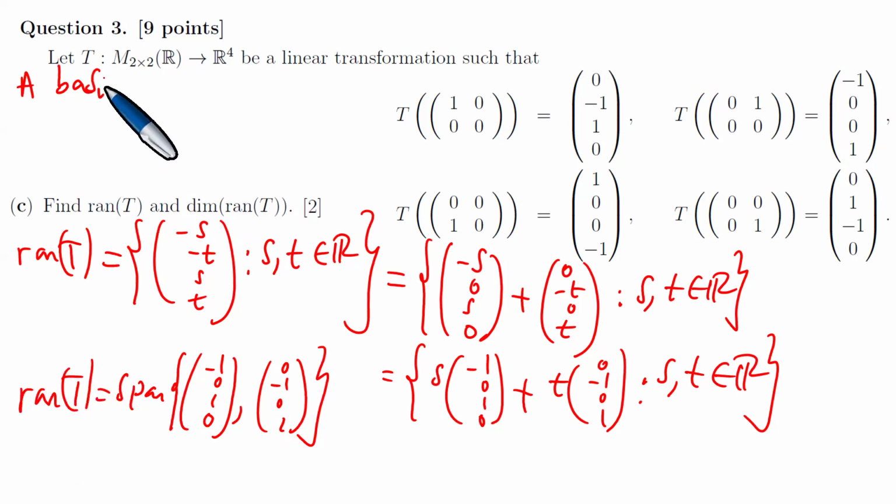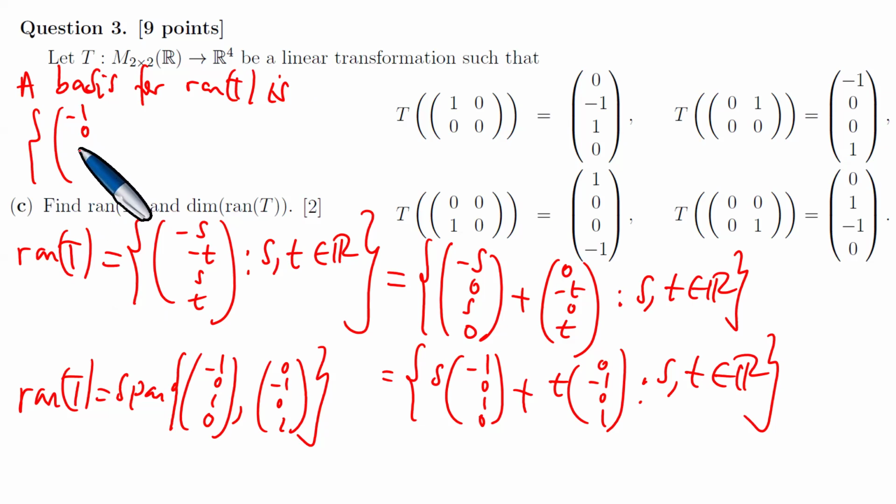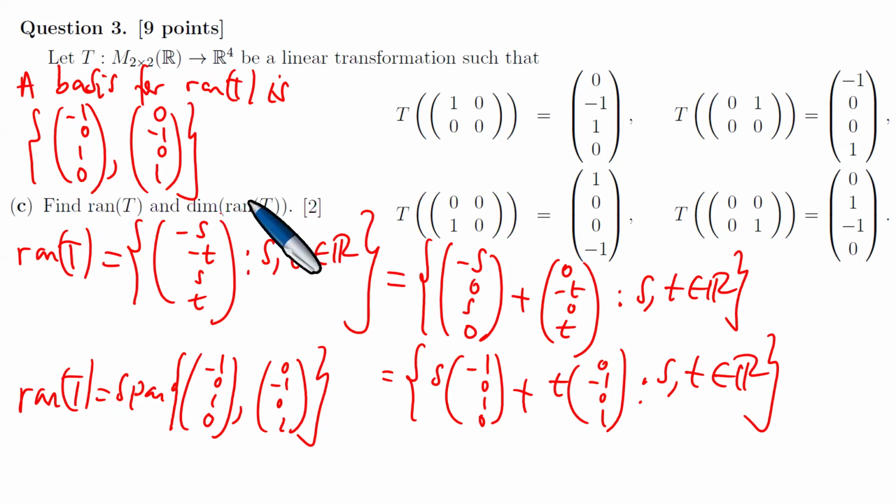What is the basis for the range of T? It is exactly -1, 0, 1, 0, 0, -1, 0, 1, like this. So a basis is this. This is just one basis.